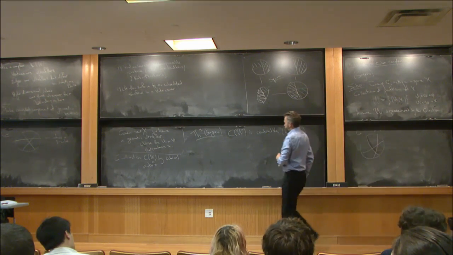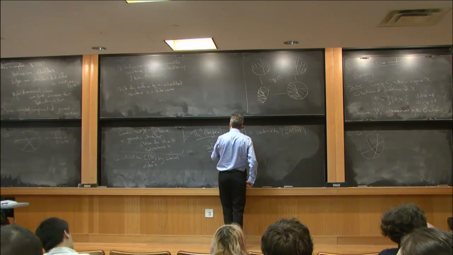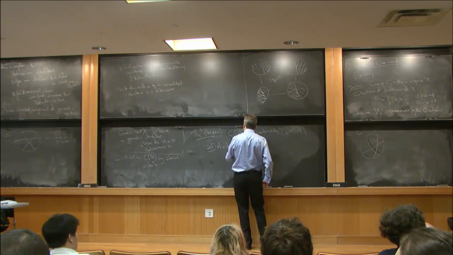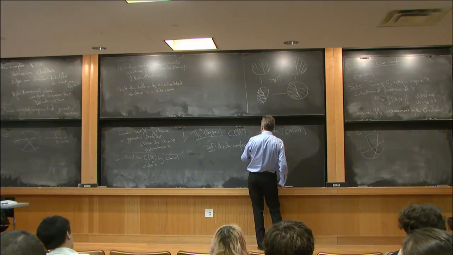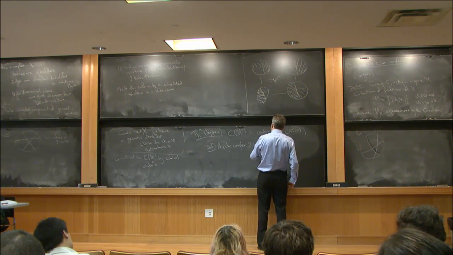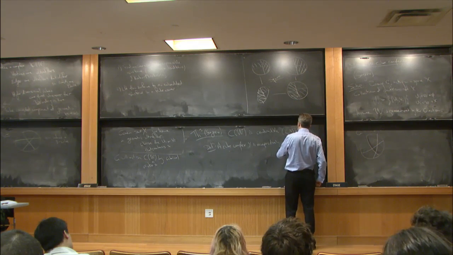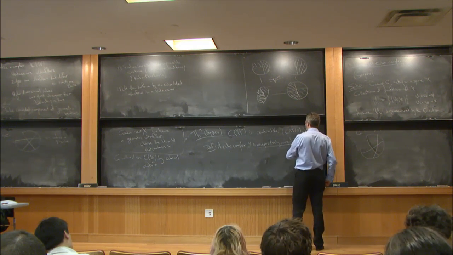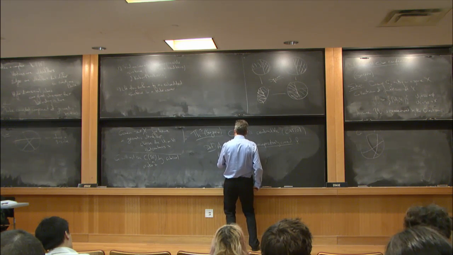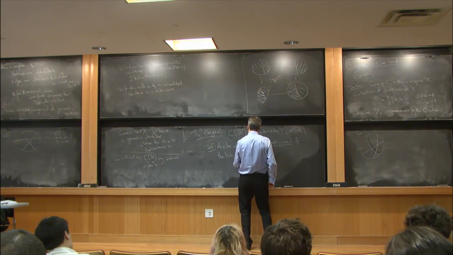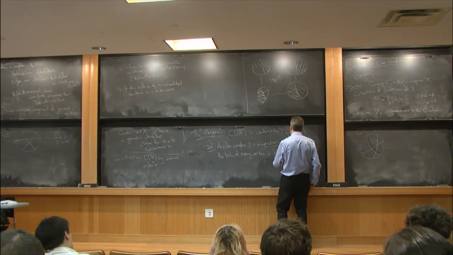So let me just tell you what it means for a cube complex to be, sorry, to be non-positively curved. A cube complex Y is non-positively curved if the link of every vertex is flag.